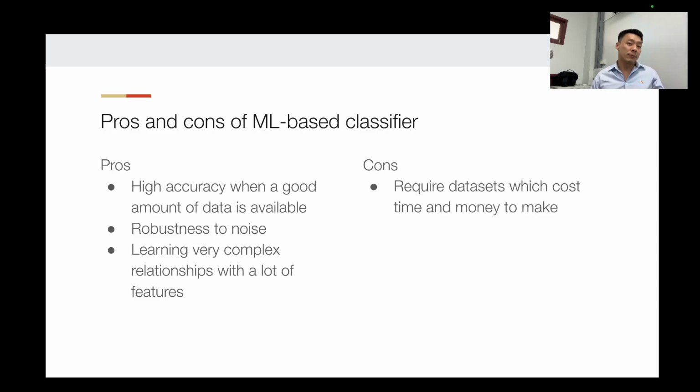So that's the strength of it, because you use the data to inform your model. You don't think about everything about that problem yourself. The con is that you need the data set, which sometimes you have, sometimes you don't. Sometimes you have to spend a lot of time and money to get it.